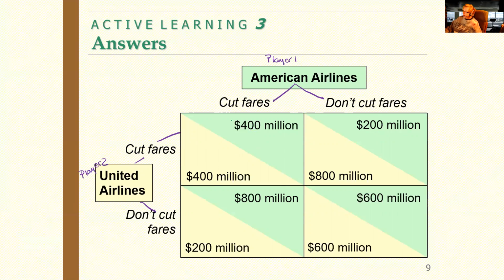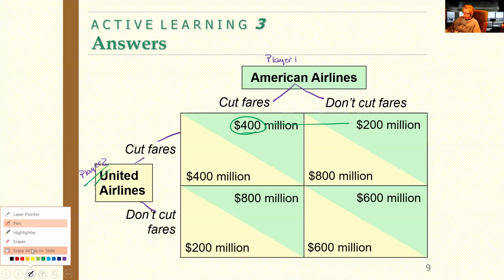Okay, so let's go ahead and look at the strategies. Again, this is a good thing because we're talking about profitability. So let's start here with player two, United Airlines. We have 400 and 800. There we go.